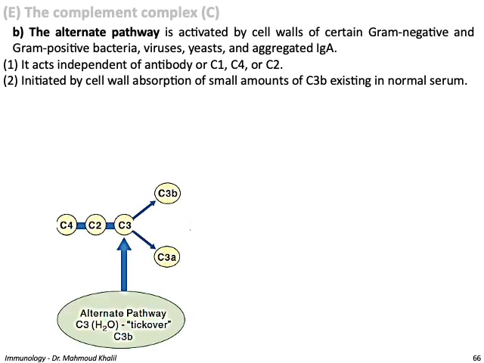So as a summary for the alternate pathway, you can see that it is initiated from C3 and needs a takeover from a small amount of C3b.